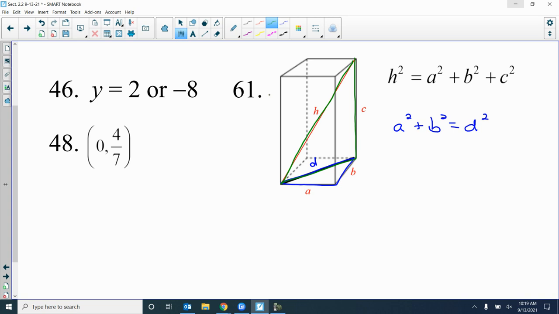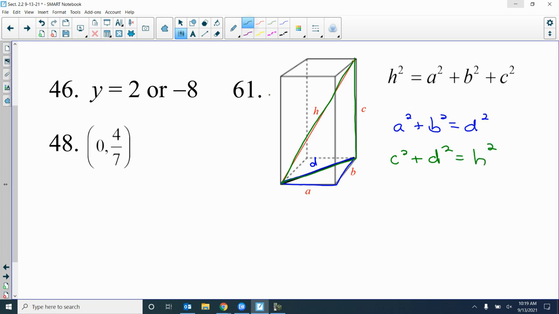Right triangle. So Justin, using Pythagorean theorem, what would it be? C squared plus D squared equals H squared. Okay, C squared plus D squared equals H squared.